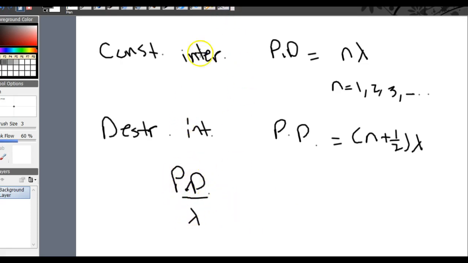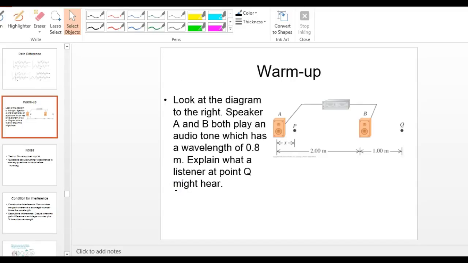Now, in the warm-up question, this is not too difficult. Let's actually take a look at this. So in this case, the wavelength given is 0.8 meters, and the path difference between speaker A and speaker B is 2 meters.